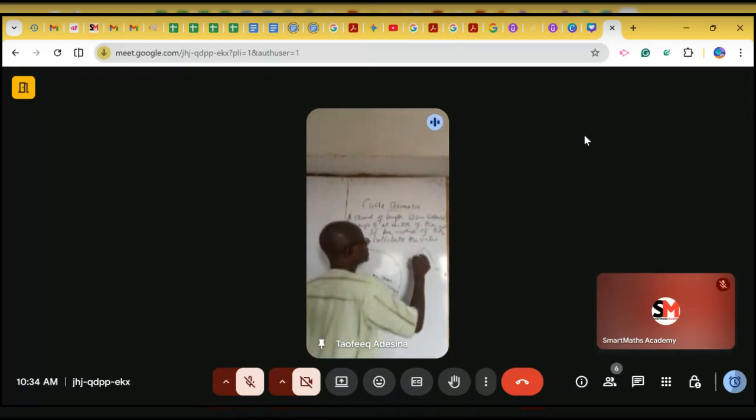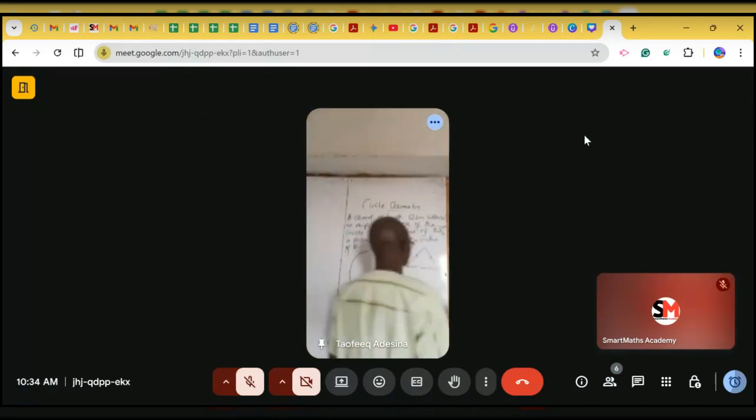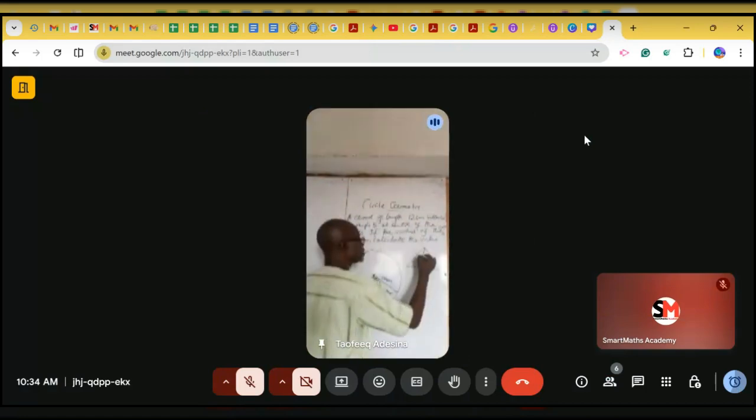That means this side and this side are equal. The moment they are equal, the line perpendicular to the base must divide this angle into 2 parts. That is very important. Are we together?